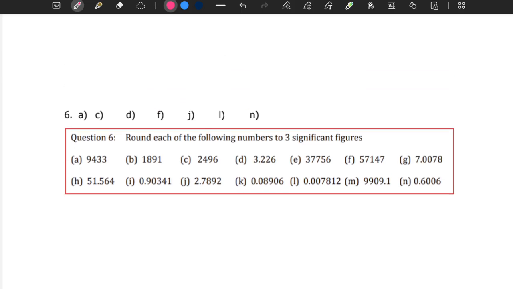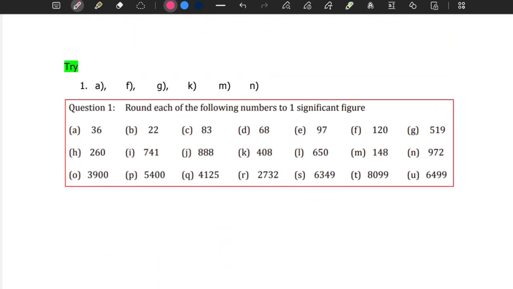I can give a try to, let's say, number 1B, which says round each of the following to 1 significant figure. So we have 22. So 22 to 1 significant figure.